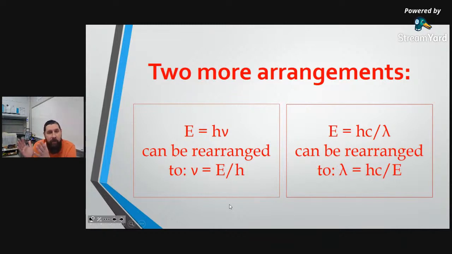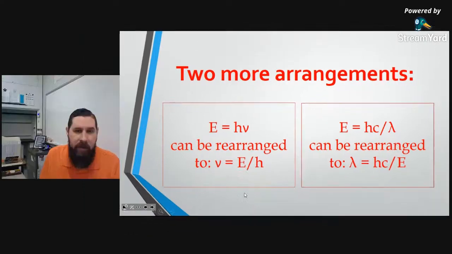Likewise, if they start you out with energy and ask for a wavelength, you can start with E equals hc per lambda and rearrange by multiplying both sides by lambda and then dividing both sides by energy to get the final equation that lambda equals hc per E. Right? So those are two other derivations that can be made from those energy equations.